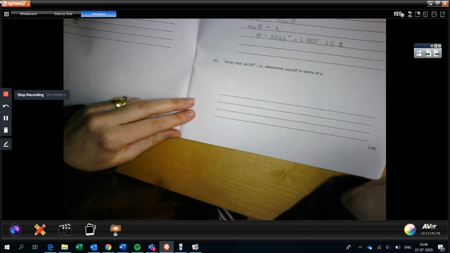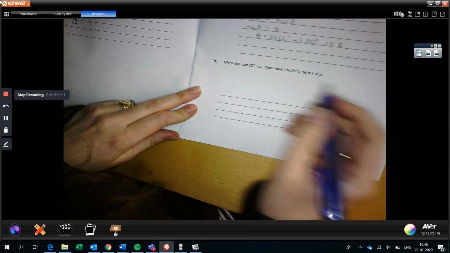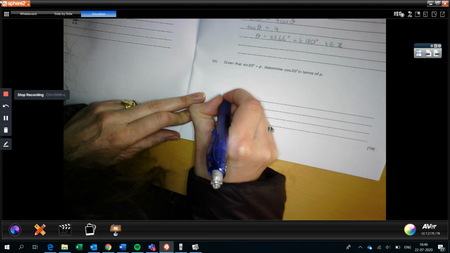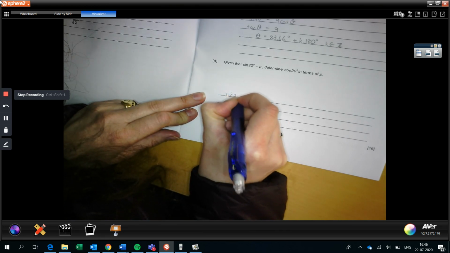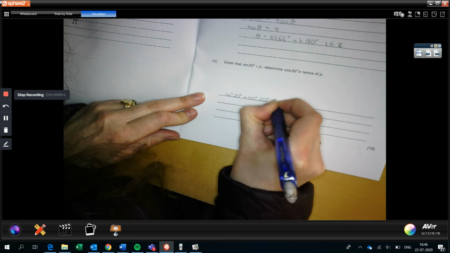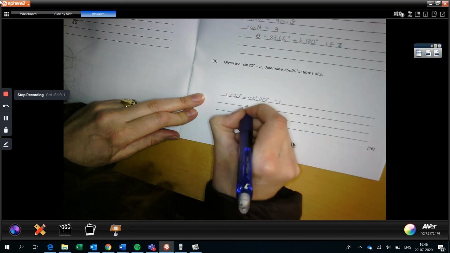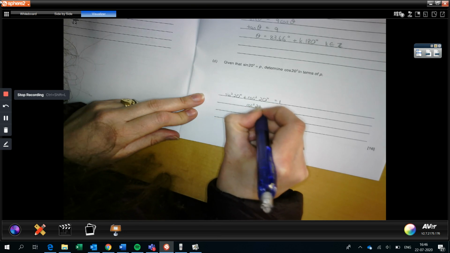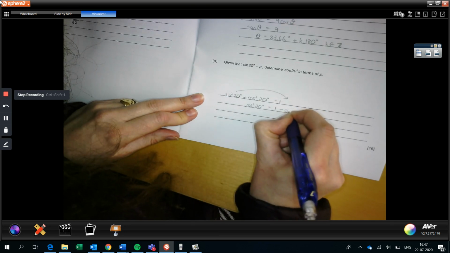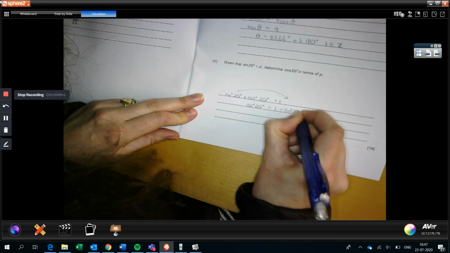Okay, given that sine 20 is P, we've got to determine cos 20 in terms of P. So I always like to say that you know that sine squared 20 plus cos squared 20 is 1. So cos squared 20 degrees is 1 minus sine squared 20 degrees.